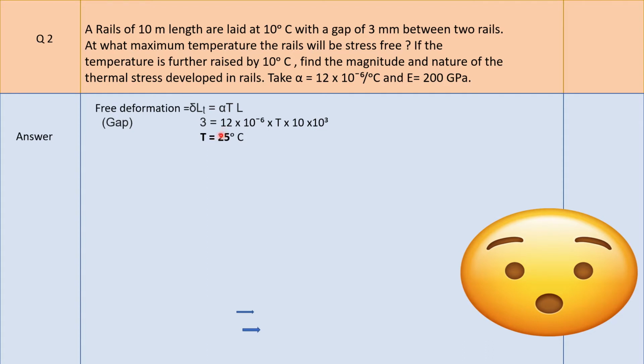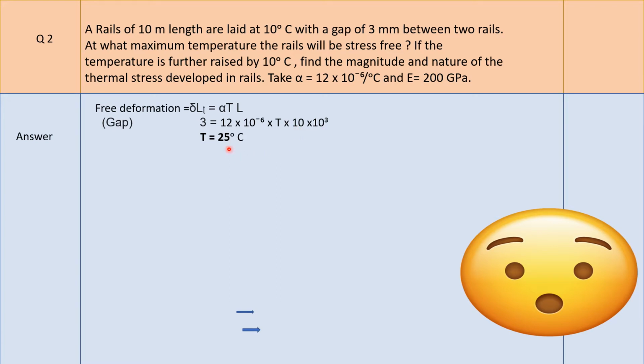Do the calculations. Now how do we do the calculations? I want T. So this is 3. 12 into 10 raised to minus 6, when it comes on this side, will become divided by this, and 10 into 10 raised to 3 also, when it comes on this side, will become divided by. So take the calculator in your hand, press 3, then divided by, open the bracket, 12 exponential minus 6 into 10 exponential 3, close the bracket, equal to.